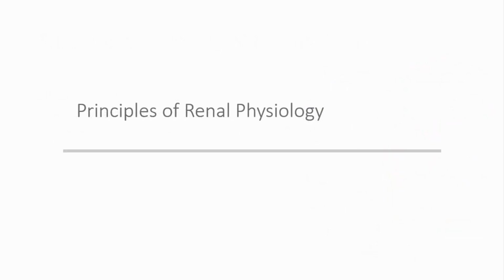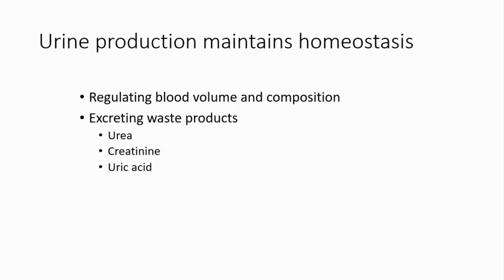Principles of renal physiology. Urine production maintains homeostasis. It does that by regulating blood volume and composition. It also excretes waste products such as urea, creatinine, and uric acid.